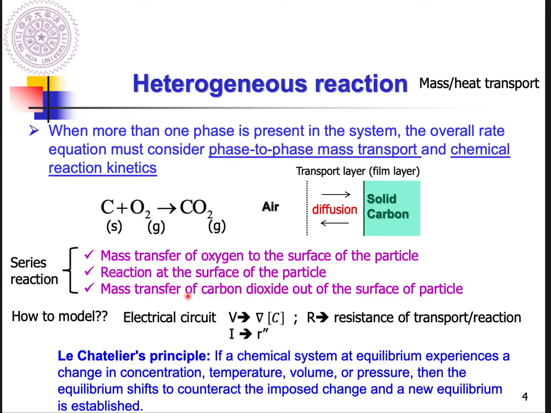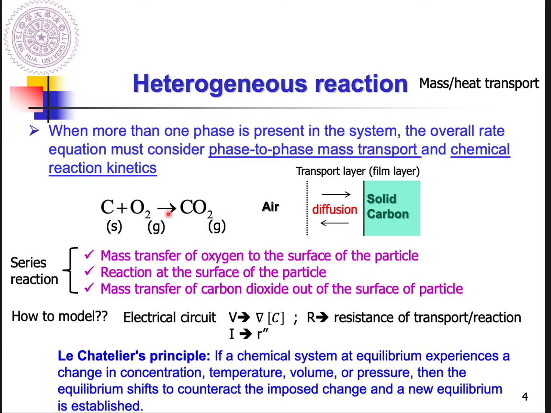The last one will be the mass transport of the carbon dioxide out of the surface. So usually, in order to simplify this heterogeneous chemical reaction, we always assume the product carbon dioxide can easily get out of the surface of the carbon. So this direction is irreversible.